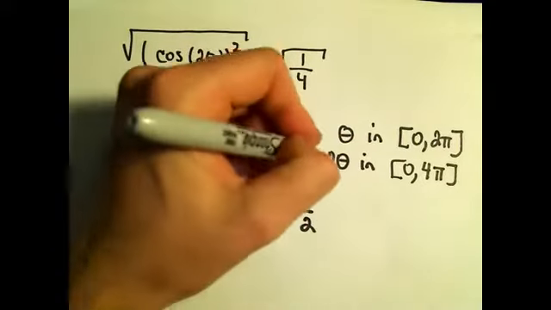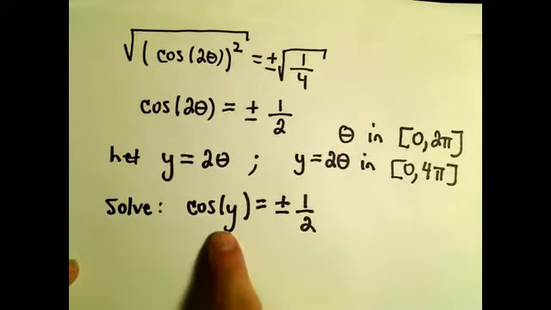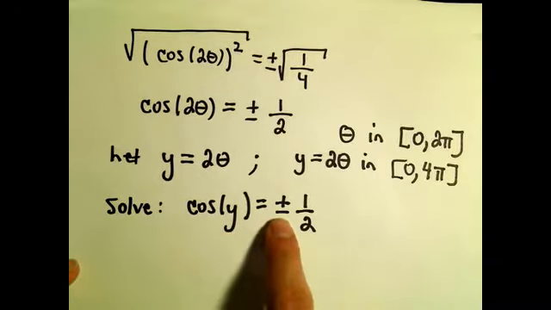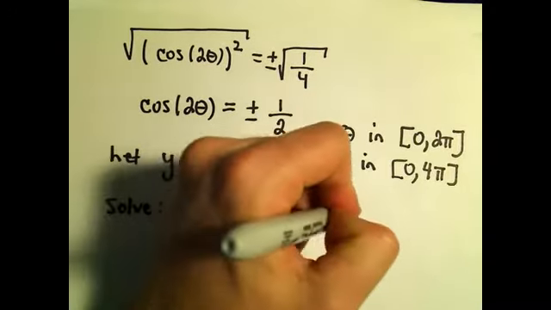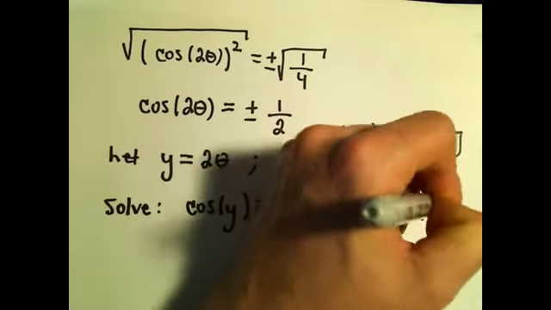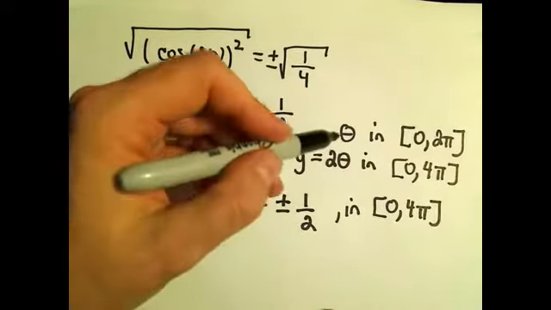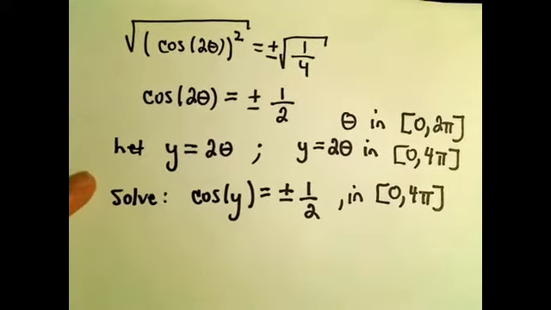But 2 theta is the same thing as y. So really what we're doing is we're finding all solutions to cosine y equals positive 1/2 or negative 1/2 now in the interval 0 to 4 pi. Once we get these solutions, we'll backtrack to get back to our solutions for theta.